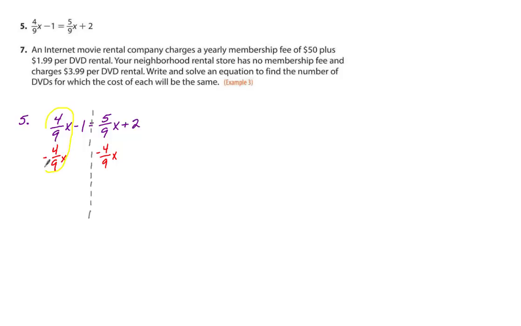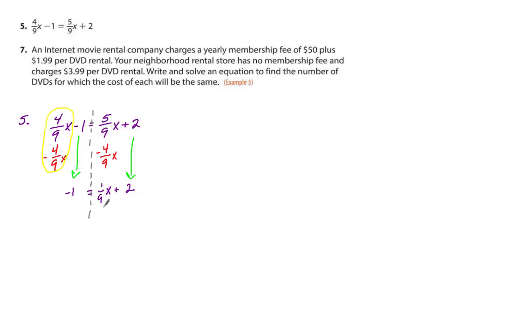Gone, gone, gone. This comes down. So my minus 1 now is negative 1. Negative 1 is equal to 5/9 minus 4/9 is 1/9 x, and my plus 2 comes down. So I have 1/9 x plus 2 is equal to -1.